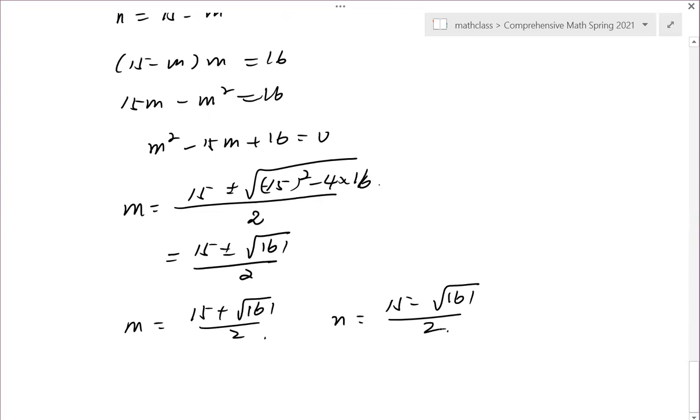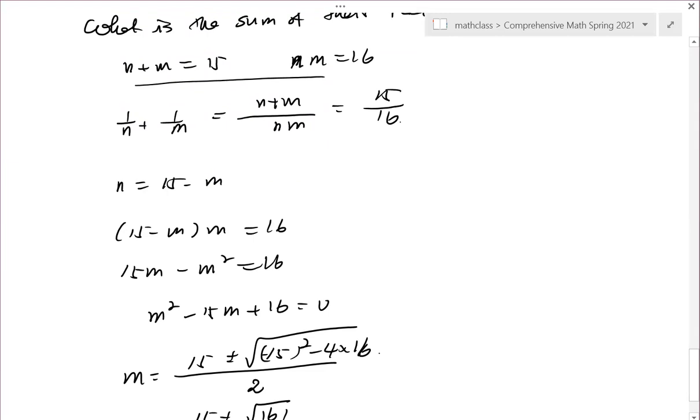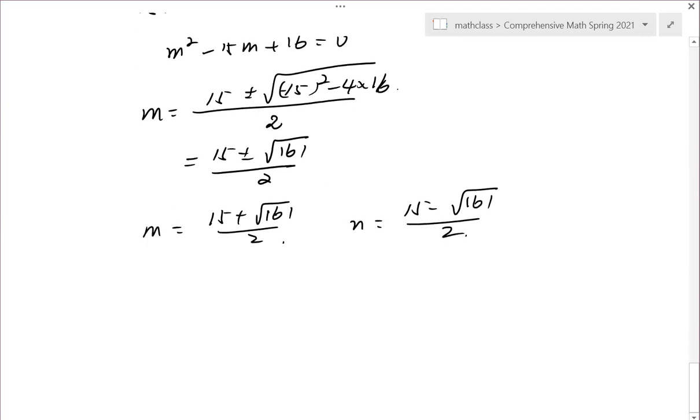Either way, they're the same pair. So you cannot factor it. Those are irrational numbers, so such numbers exist. But if you use this solution to find the answer, that's very complicated. You have to do it directly. That's the simple way to do it.